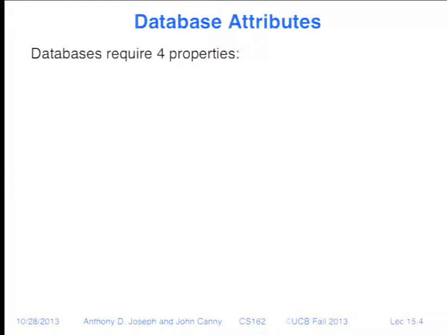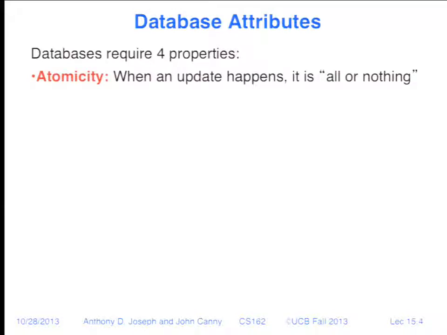So in databases, you typically have four requirements, right? There's ACID requirements, which are atomicity, which is that every update should be in the form of a transaction. So either the whole change happens, all of the indices that are affected get updated, or none of them. It's either no operation or a complete operation.